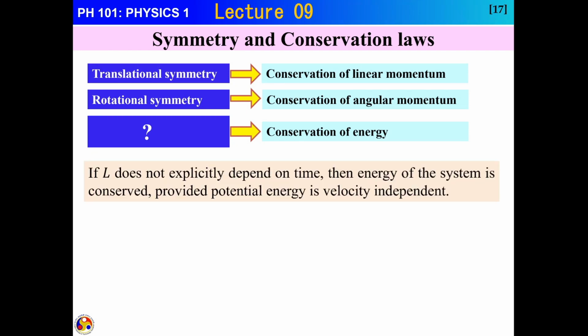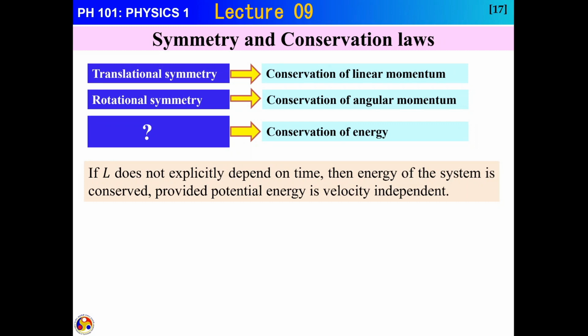So what we can say is that if a given Lagrangian does not explicitly depend on time, then we can say the energy of the system is conserved, provided that the potential energy is independent of velocity.